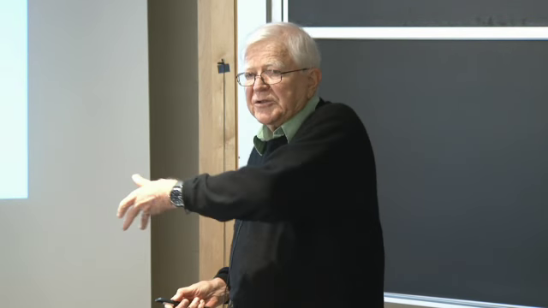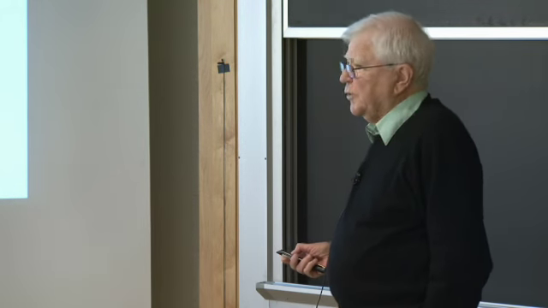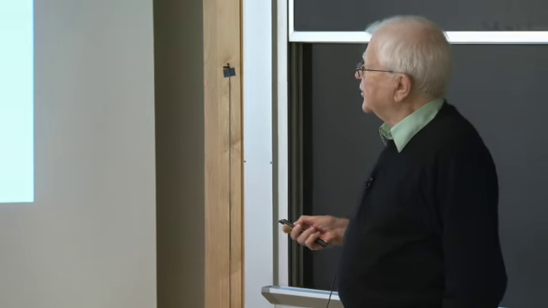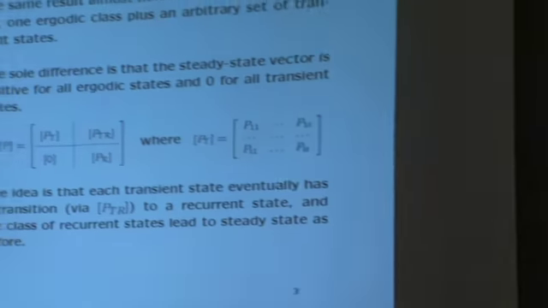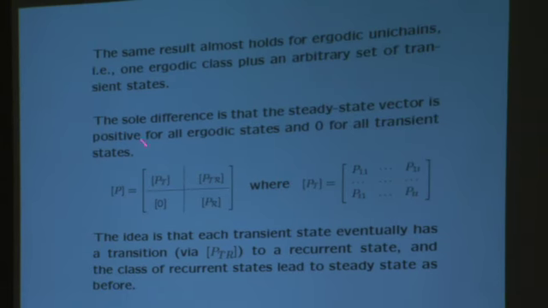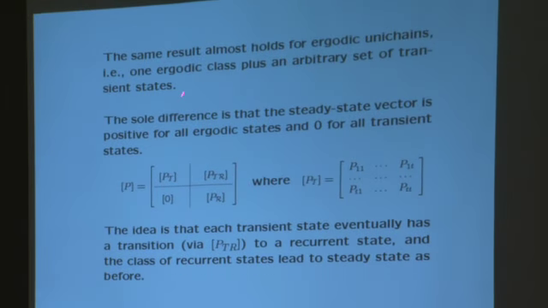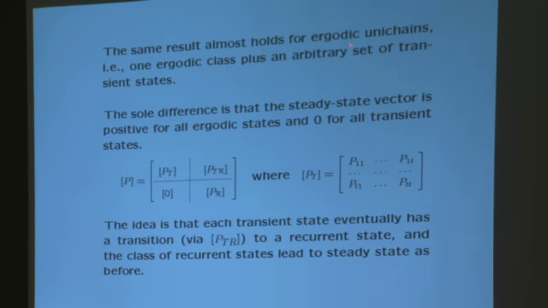Now, that's something that has to be proven, and it's proven in the notes. It was probably proven last time. But anyway, what happens then is that the sole difference between ergodic unit chains and just having a completely ergodic Markov chain is that the steady state vector is now positive for all ergodic states, and it's 0 for all transient states.